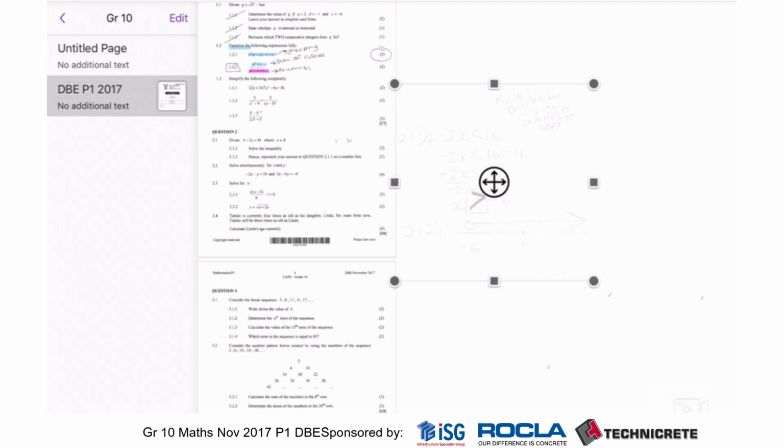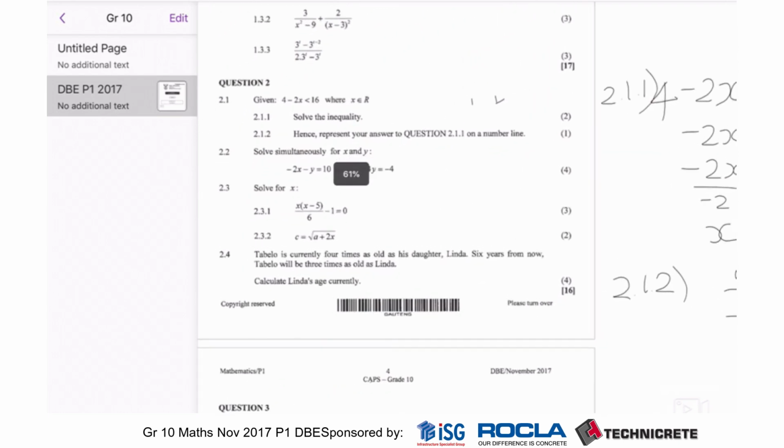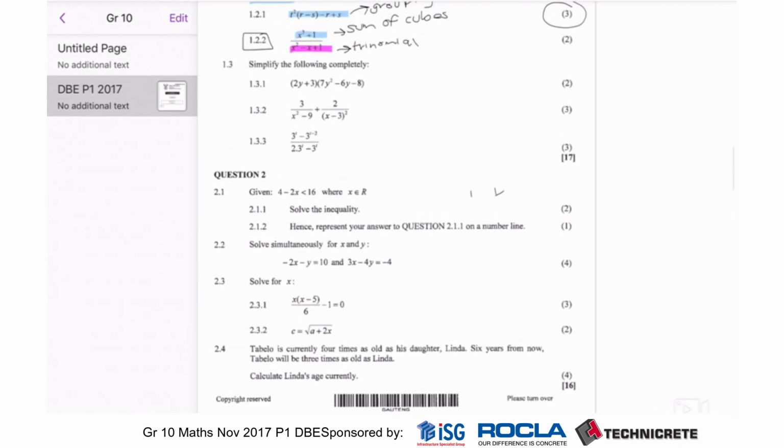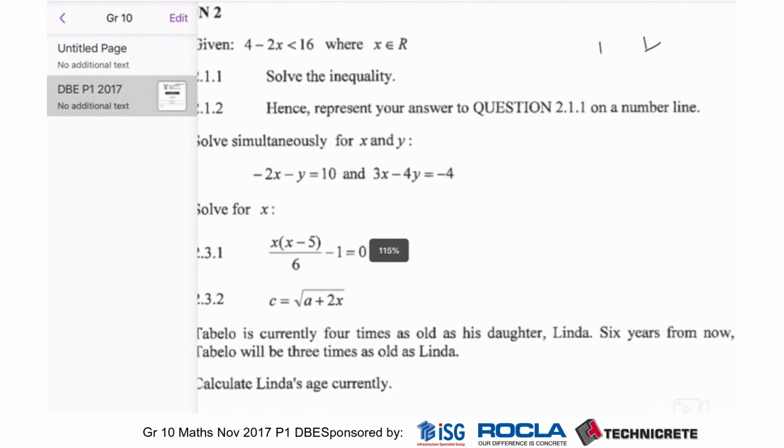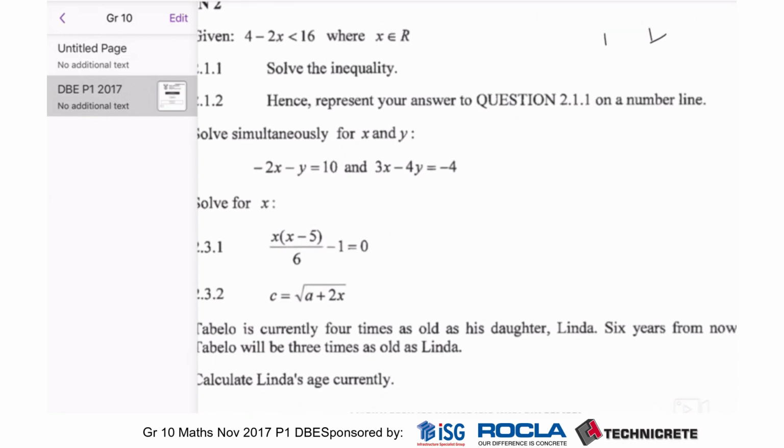In tests and exams, they don't tell you which method you should use. So you are welcome to use whichever method you are more comfortable with. But I generally tell my students that if you have a plain variable, so if there's just an individual y or an individual x with no number attached to it in your question, it is easy to use substitution.